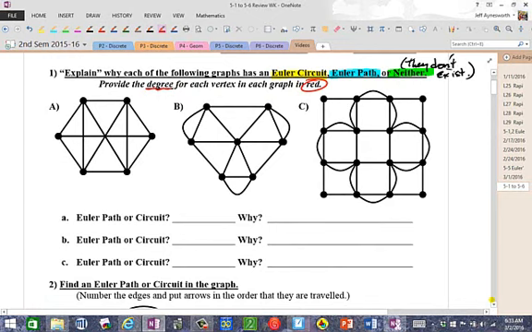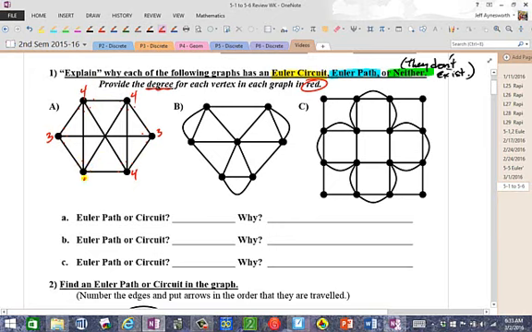So let's go for it here. The first vertex, we have one, two, three edges coming into this vertex, so it's degree 3. We have one, two, three, four edges coming into this vertex, so it's degree 4. It's a counting exercise. Count the edges coming into the vertex and it tells you the degree.